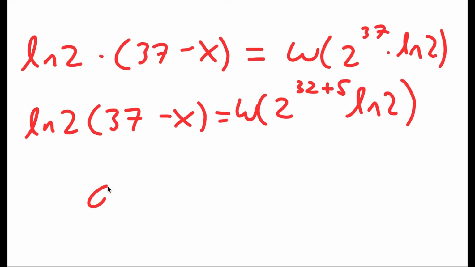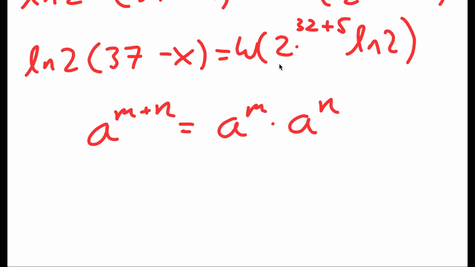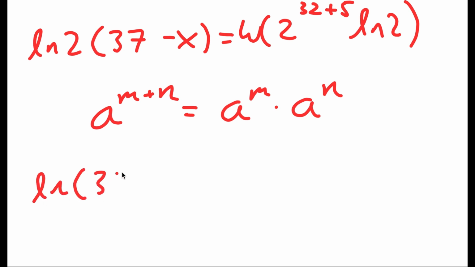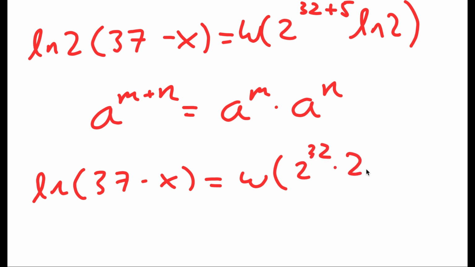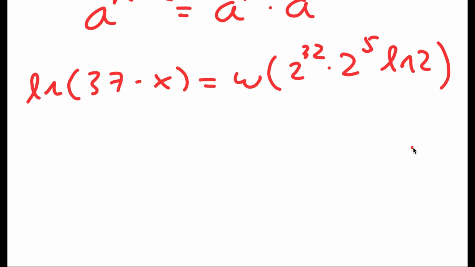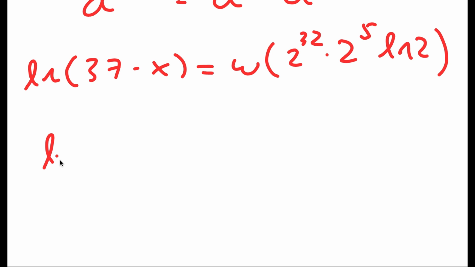And if I have something in the form a to the power of m plus n, this is equal to a to the power of m times a to the power of n. So that's going to turn into 2 to the power of 32 times 2 to the power of 5. Now 2 to the power of 5 is 32.